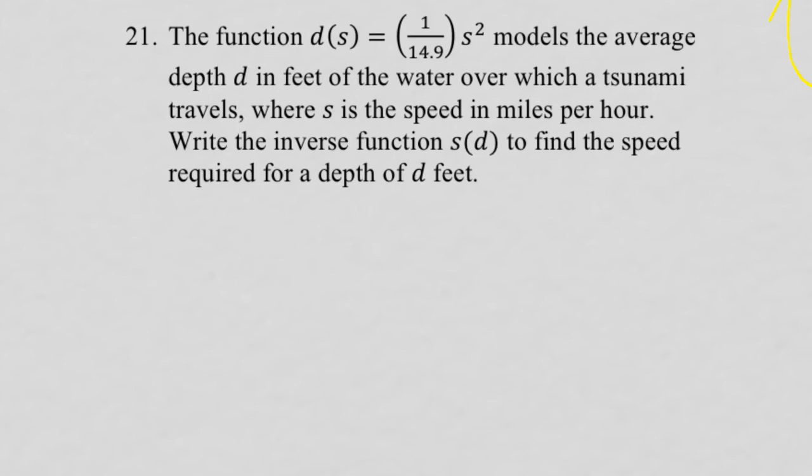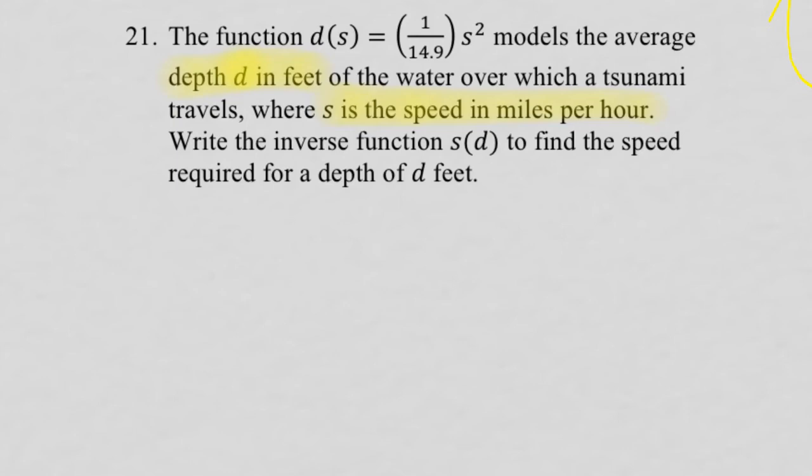So d stands for depth, s is speed. Speed stands for the speed over which a tsunami travels, and d is the depth over which it travels. So how fast it's going, how deep it is traveling. Write the inverse function s of d to find the speed required for a depth of d feet.